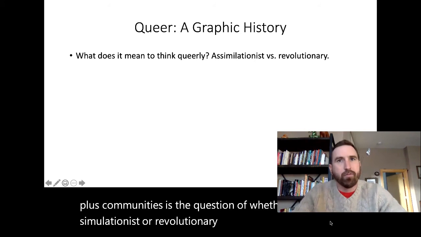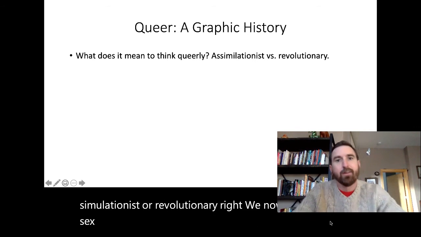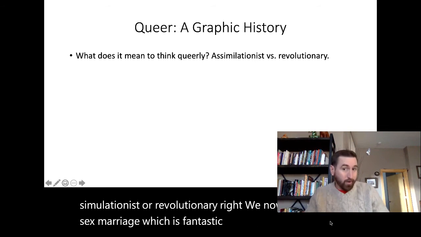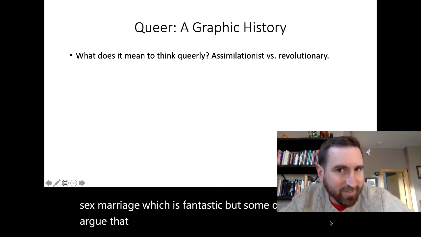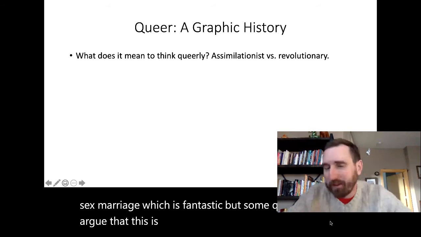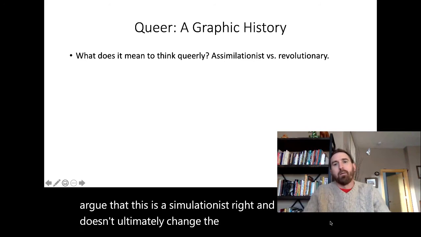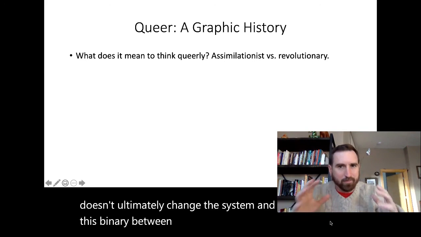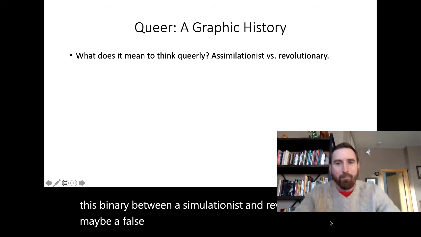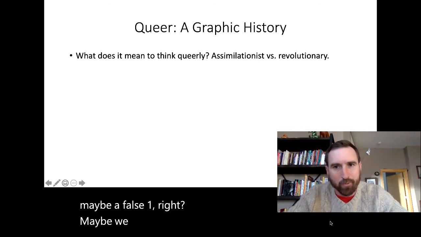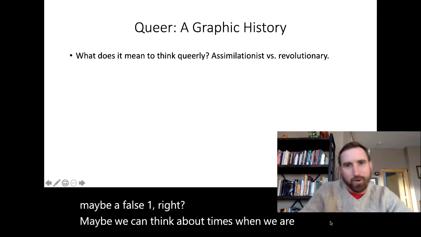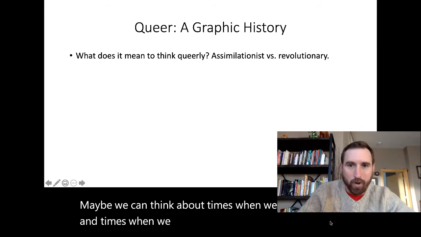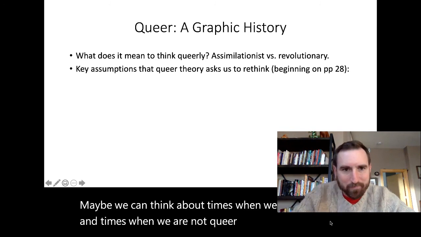We now have same-sex marriage, which is fantastic, but some queers would argue that this is assimilationist, right? And that it doesn't ultimately change the system. And I think that this binary between assimilationist and revolutionary is maybe a false one, right? Maybe we can think about times when we are queer and times when we are not queer or assimilationist.